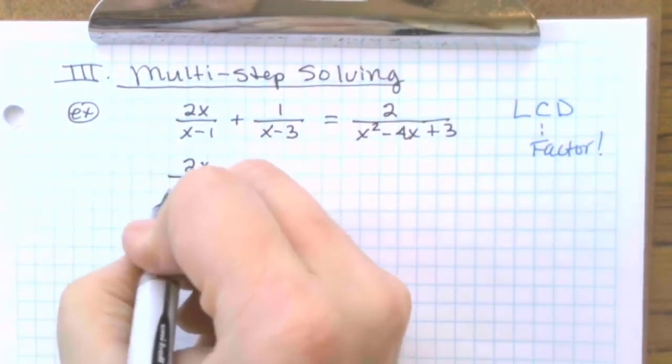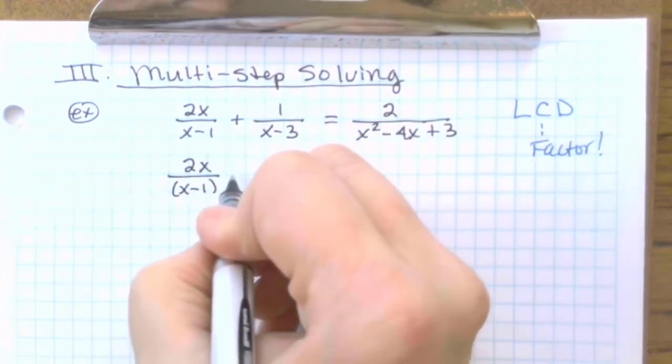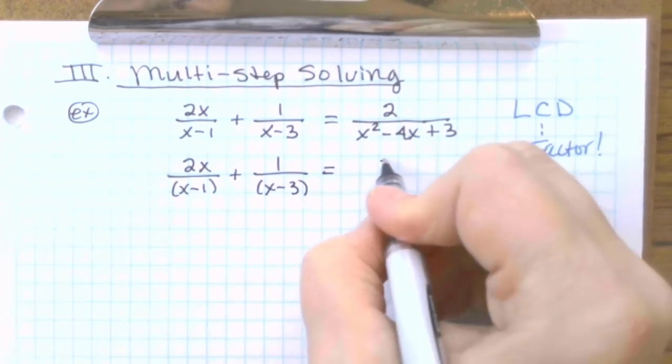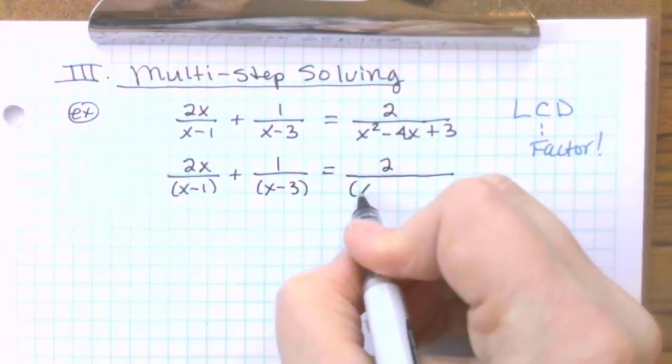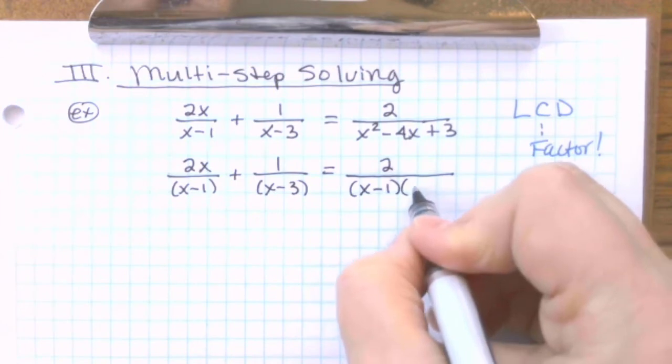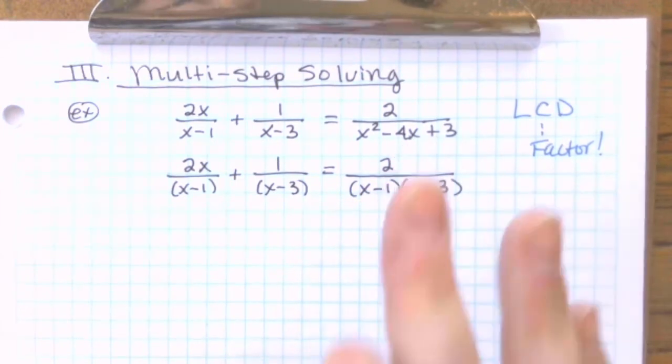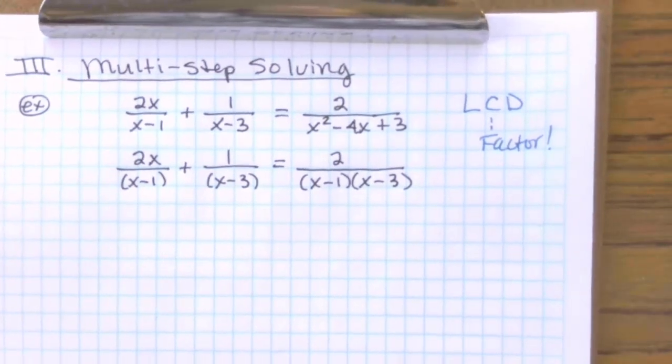So this first one's easy because x minus 1 is factored. x minus 3 is factored. On the second one, it's going to be x minus 1 times x minus 3 because negative 3x minus x is negative 4x. All right, so now that you have it factored, we want to get the lowest common denominator.